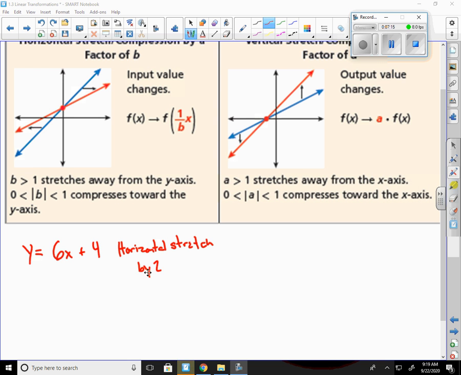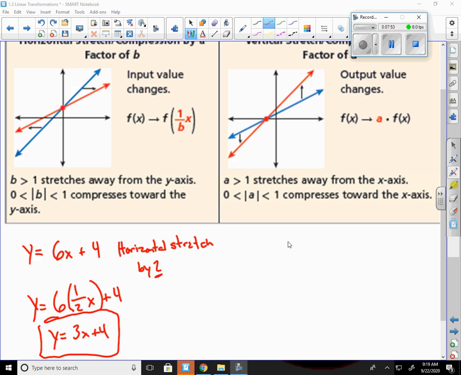What that means is wherever my x is, I plug in a fraction. So it's going to be 6 times 1 over whatever my horizontal stretch factor is, 2, times x, and then plus 4. See, it's only happening inside of here. 1/2 of 6 gives me 3x plus 4, and I'm done. That's my horizontal stretch.